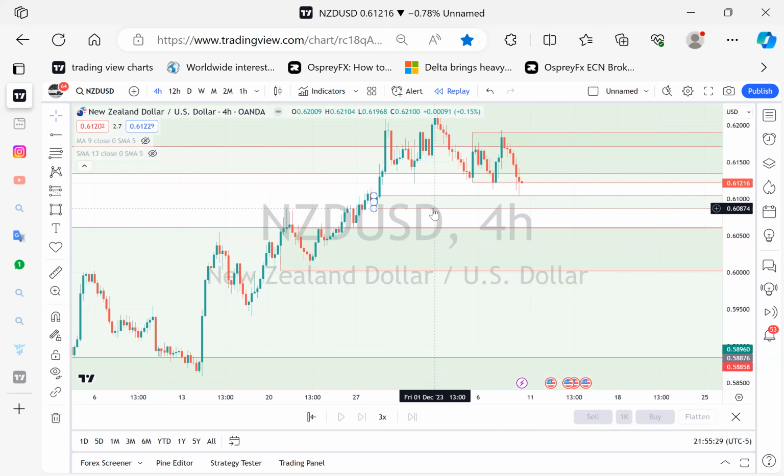What I would suggest for newer traders is to try to pick a trade setup that has little interference on the way down. Now, obviously, this trade is going to push up first to the imbalance, right? Then it's going to push down to fill this imbalance.